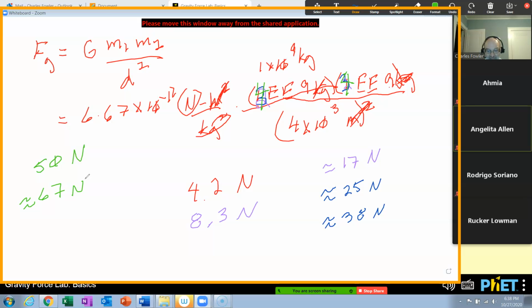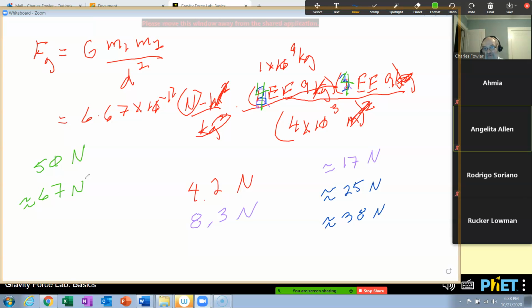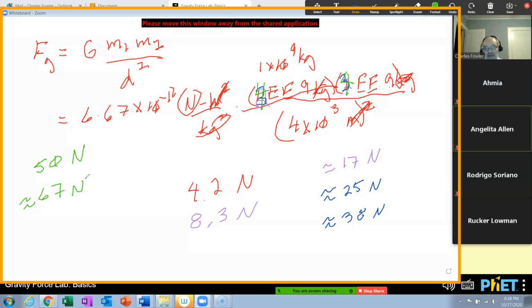Yep, I got it again. Approximately 67 newtons. Okay. So even though we're increasing by billions of kilograms each time, we've only gone up from 4.2 Newtons to 67 Newtons. That's distance squared, 4 kilometers apart. That really knocks off the gravitational response pretty quickly. Okay. You want to keep going or what?